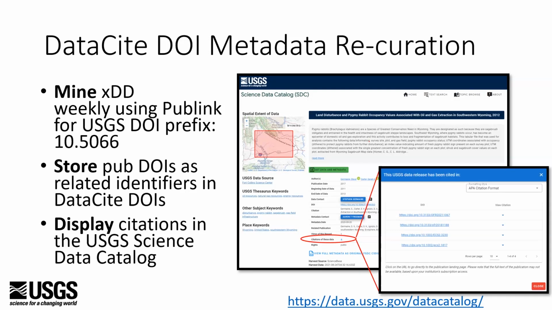Now we know that XDD doesn't contain all USGS-authored publications, only about 50%. But this work in combination with recuration of Crossref metadata by publishers could get us a long way toward a more complete persistent identifier graph and understanding of how research outputs are related.